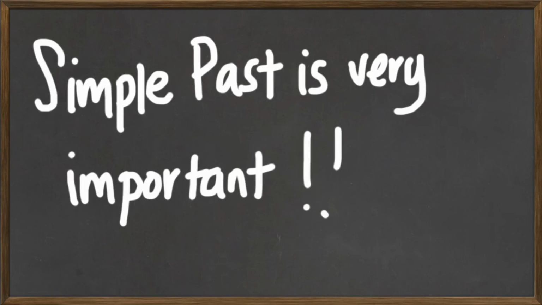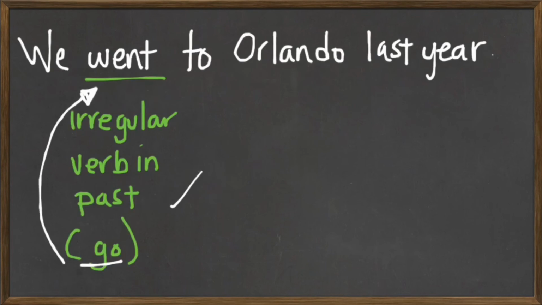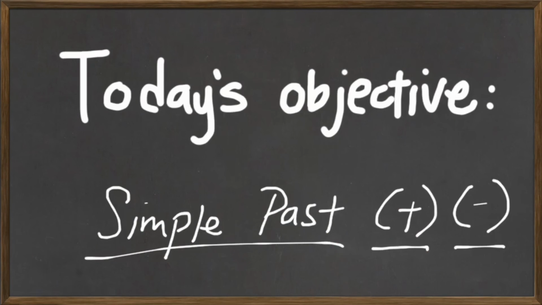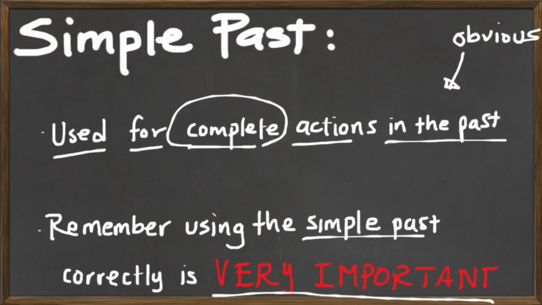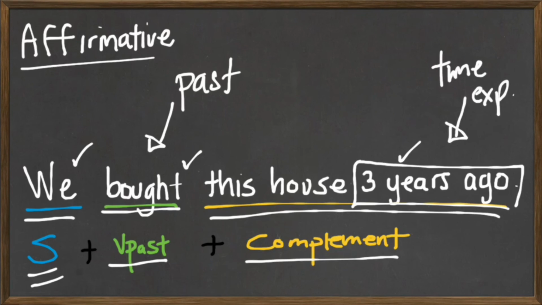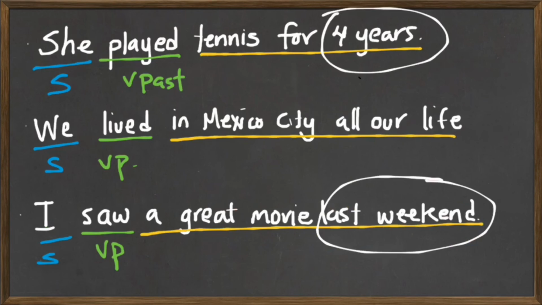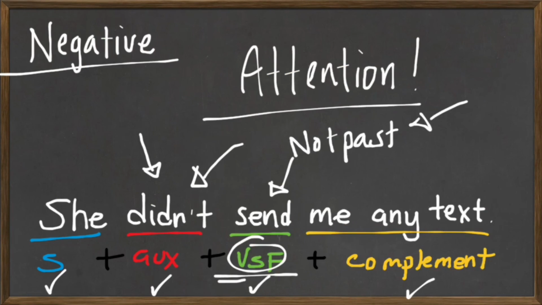And also, don't forget, the simple past is very, very, very important. Let's recap a little bit before we go. The objective was simple past in affirmative and negative forms. Formula: subject, verb in past, complement. The verb in past is only used in the affirmative form, because in the negative, we have the verb in simple form, not in past.